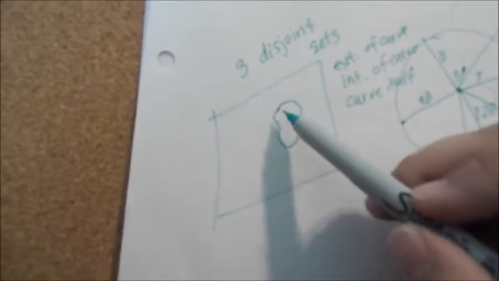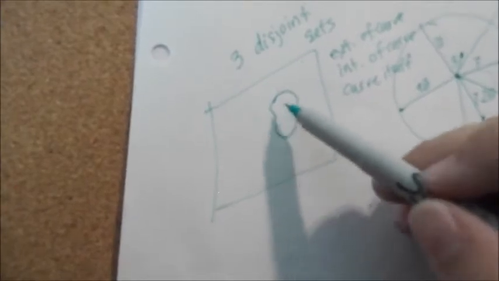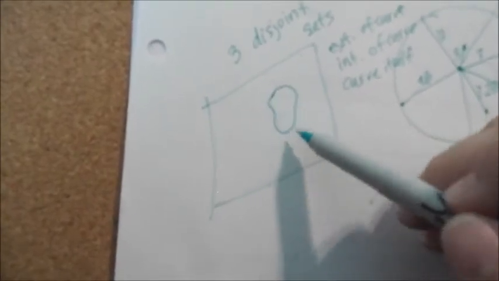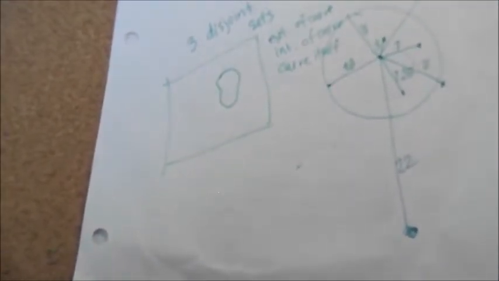You should be able to spot the three sets now that are made because of this curve: the exterior, all the points on the interior, and all the points that make up the curve itself. Disjoint means they don't share. So the curve itself is not part of the exterior, it's not part of the interior, it's all by itself. So that's the Jordan curve theorem.